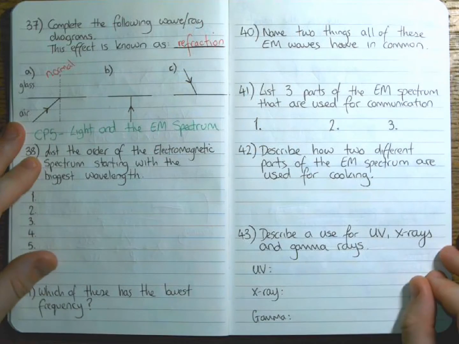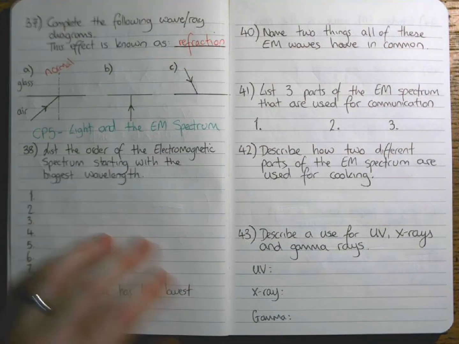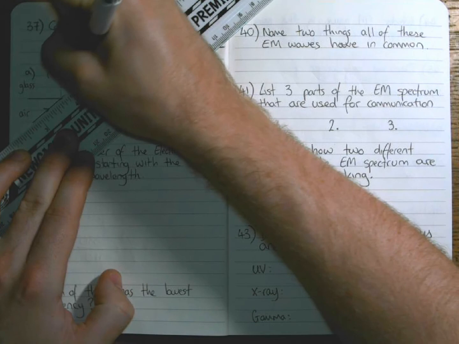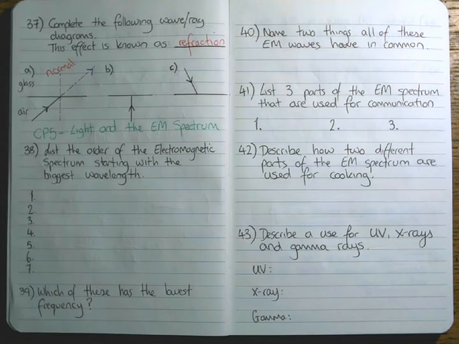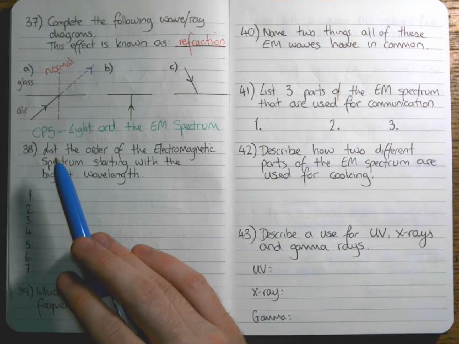Hopefully you know that that's known as the normal line. So let's think about where the light ray would go if the glass wasn't even there, if it just carried on, and it would do that. Okay, it would go in a straight line. But because of the glass, the wave is going to change direction.